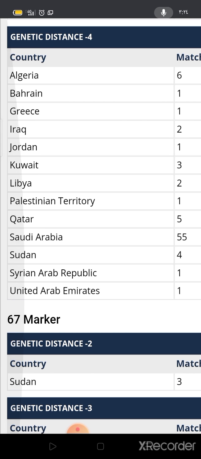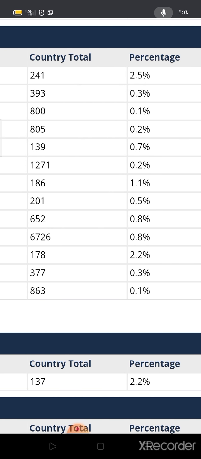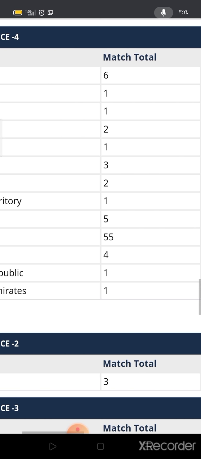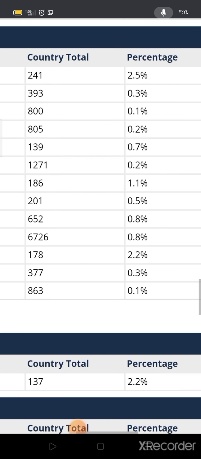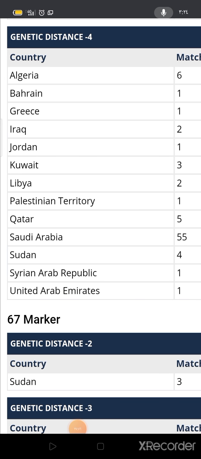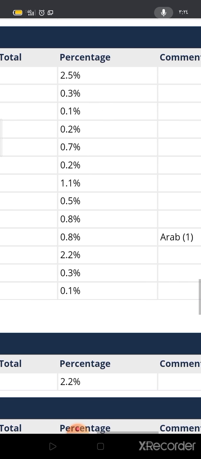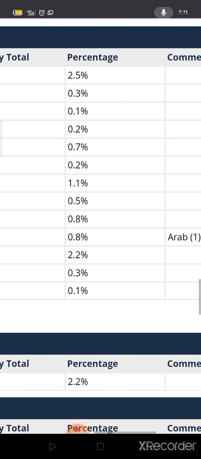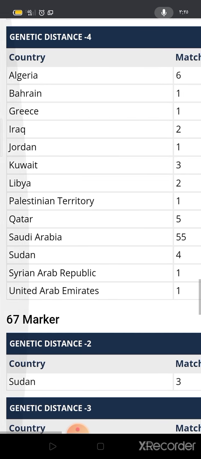Here, the percentage, we have 2.5% from Algeria. 2.5% from Algeria. And by number, I have 55 matches from Saudi Arabia.